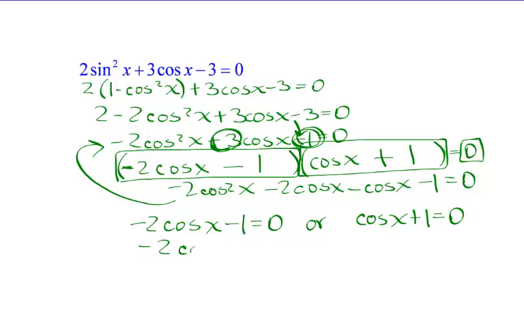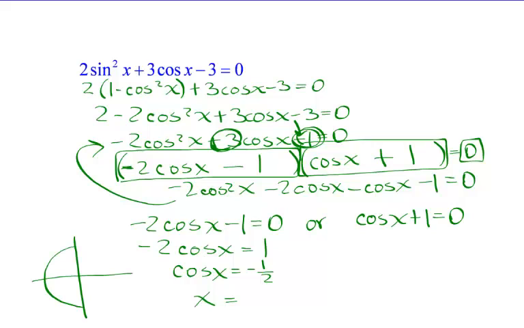So now let's just use algebra. I'm adding 1 to both sides, dividing both sides by -2. For what values on the real number line is cosine -1/2? Cosine is the x coordinate.